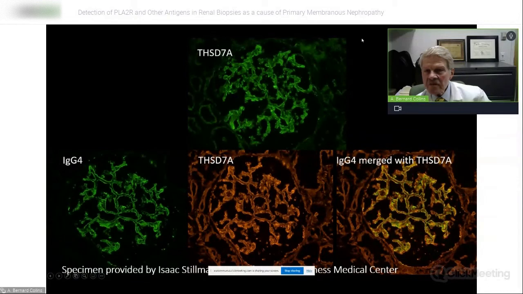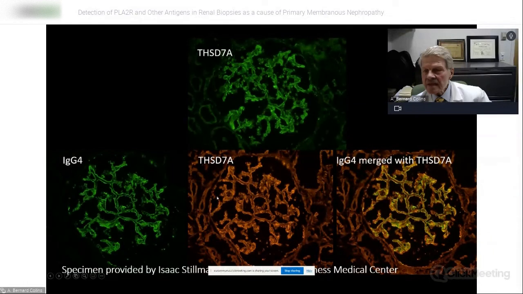He sent it over to us, and we stained for THSD7A using our three-step amplified immunofluorescence technique in frozen tissue. We also did the subclasses in this case and determined, as is the case with PLA2R, the predominant IgG subclass is IgG4.